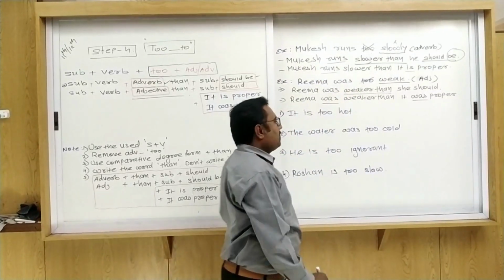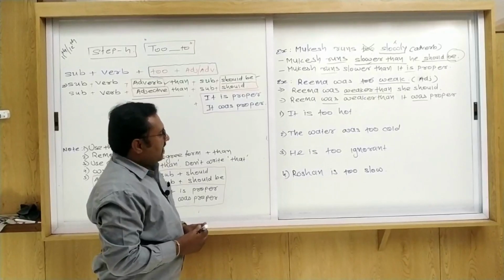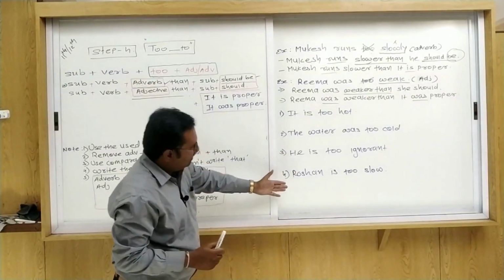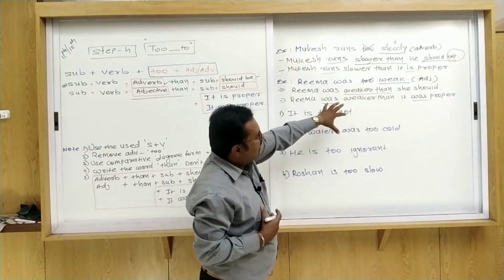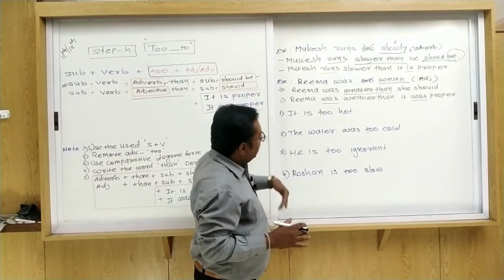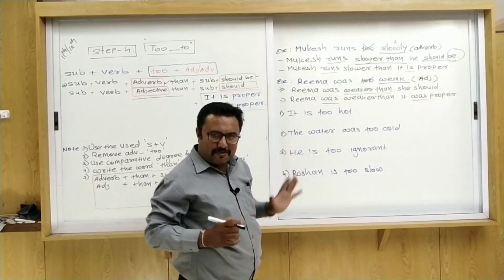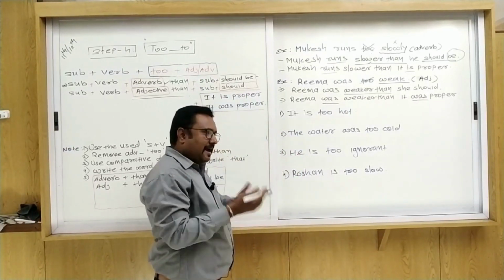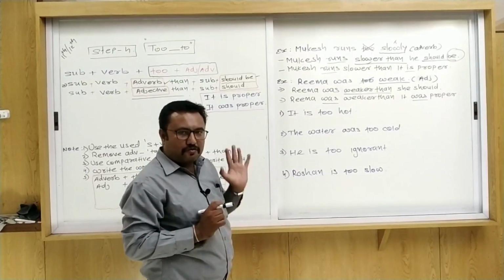Because it is simple present tense. So understood, dear friends? Now I have the sentence. I know very well that you can write the answer using "it is proper" or "it was proper", but I will try to show you the "should be" or "should", so that you can remember when we use "should" and when we use "should be".